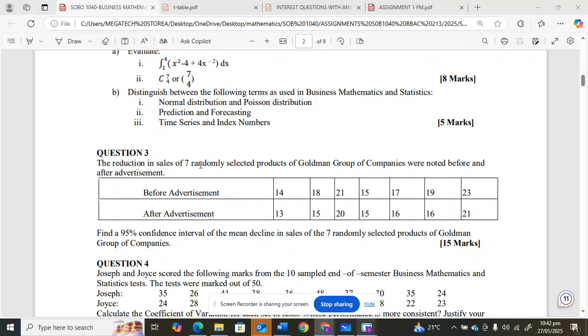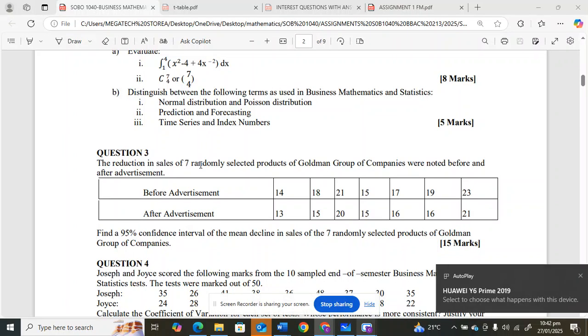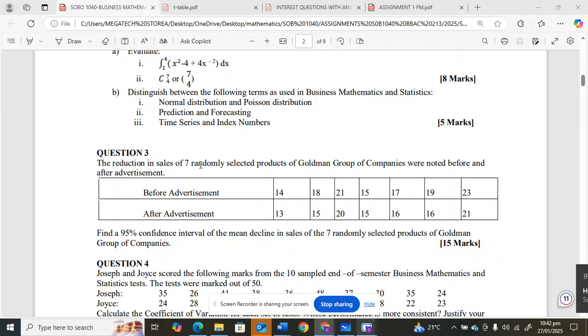So here, what's happening is Goldman Group had some certain goods for sale. They made some advertisements, and after those advertisements, their sales dropped.